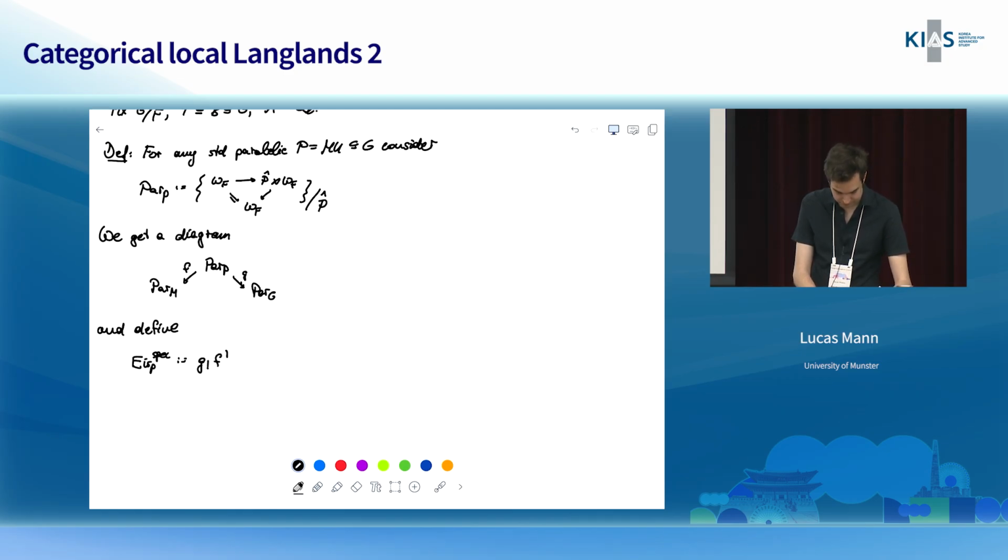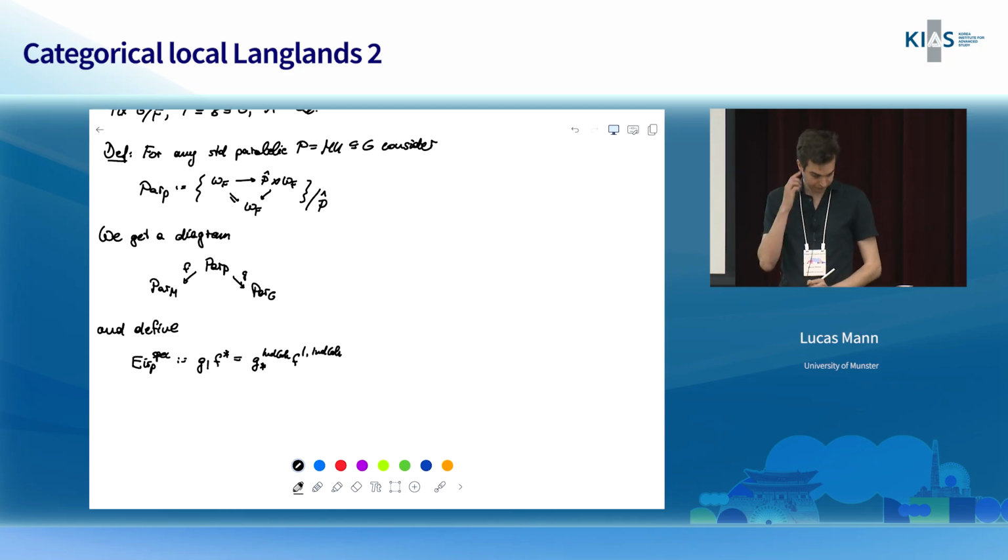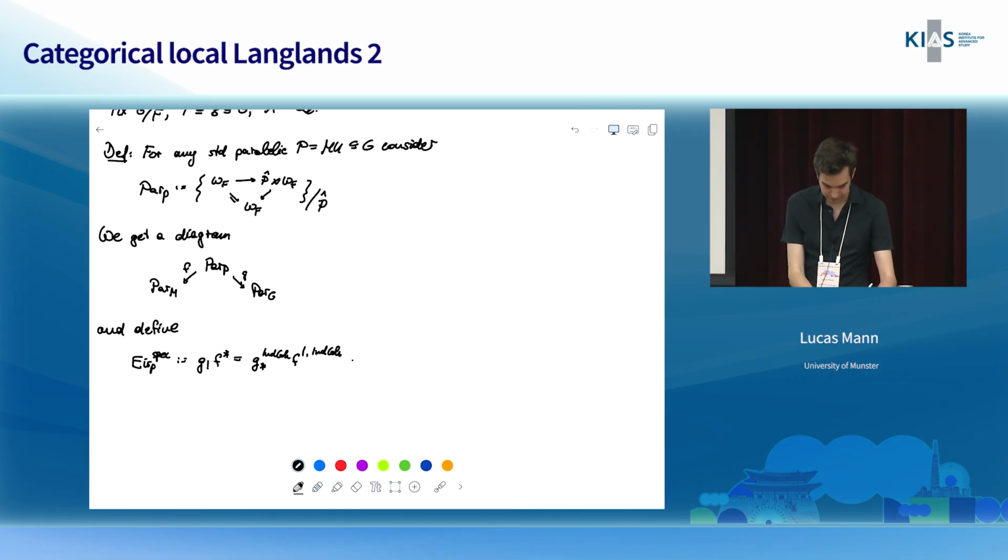Well, you pull from par M to par P, and then you push down to par G. And in classical notation, this is the same as this. Okay, so this goes from par M to par G.